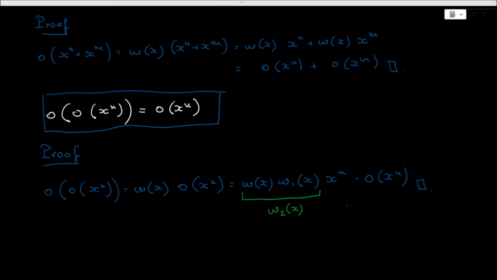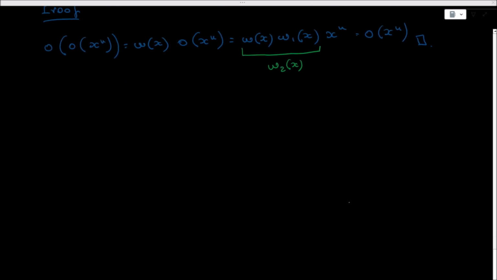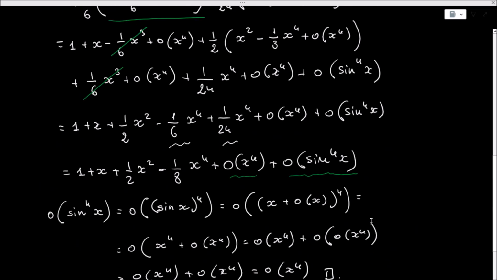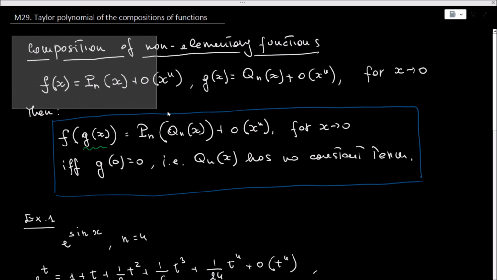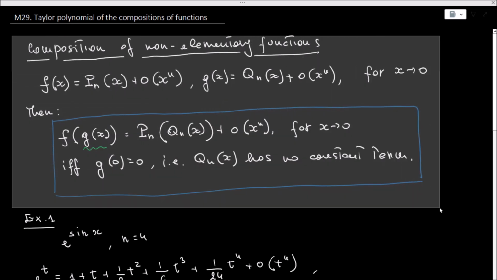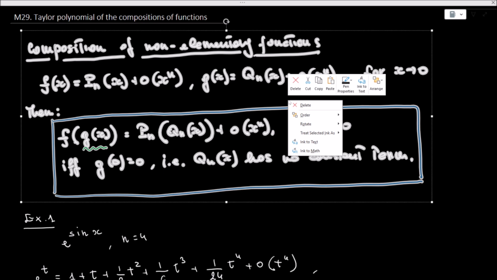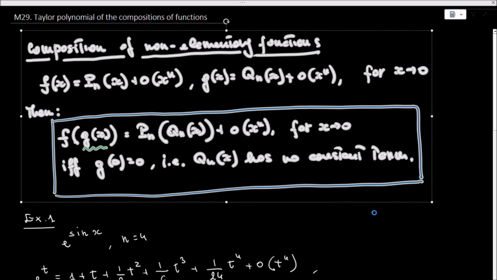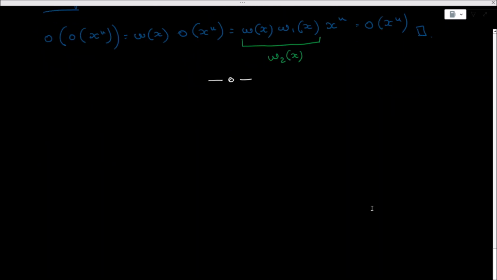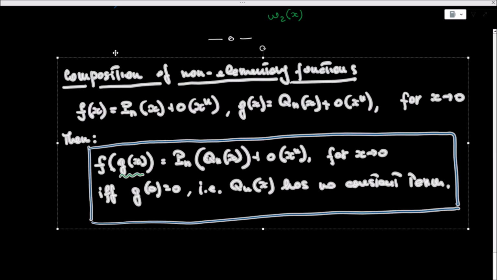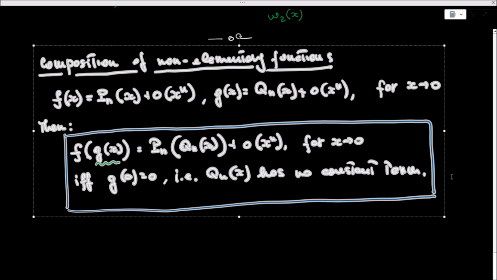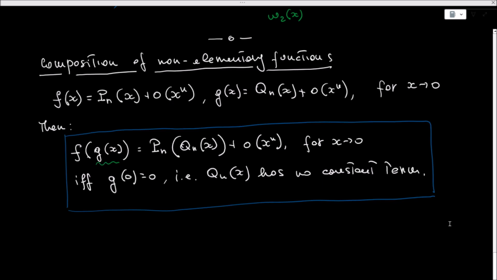Now that we've got some familiarity with the theorem, let's prove the theorem itself. Before proving it, let me just copy the statement of the theorem so that we can see exactly what we want to prove. This is the theorem that refers to the composition of non-elementary functions.